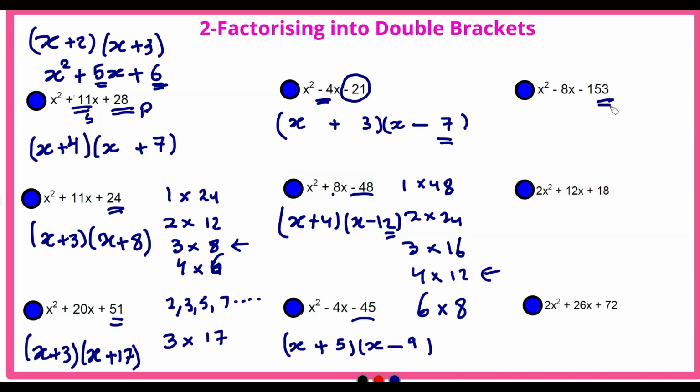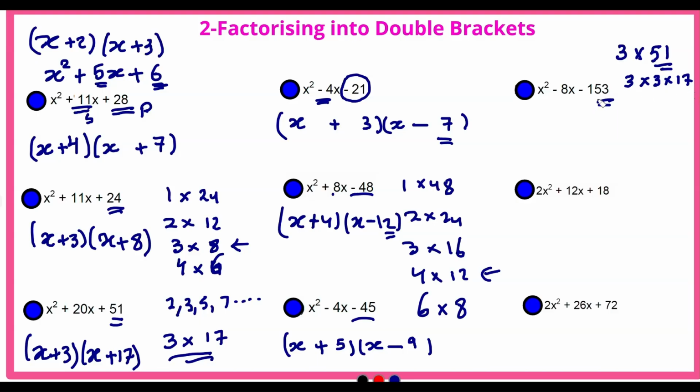This is a very large number. How can I do that? Same thing, I need to use a prime number. If I divide by 2, it's going to give me a decimal. But if I divide by 3, what do you get? You get 51 times 3. Oh, 51 itself, we already found it here. So this is going to be 3 times 17, and the other 3. So these are prime numbers.